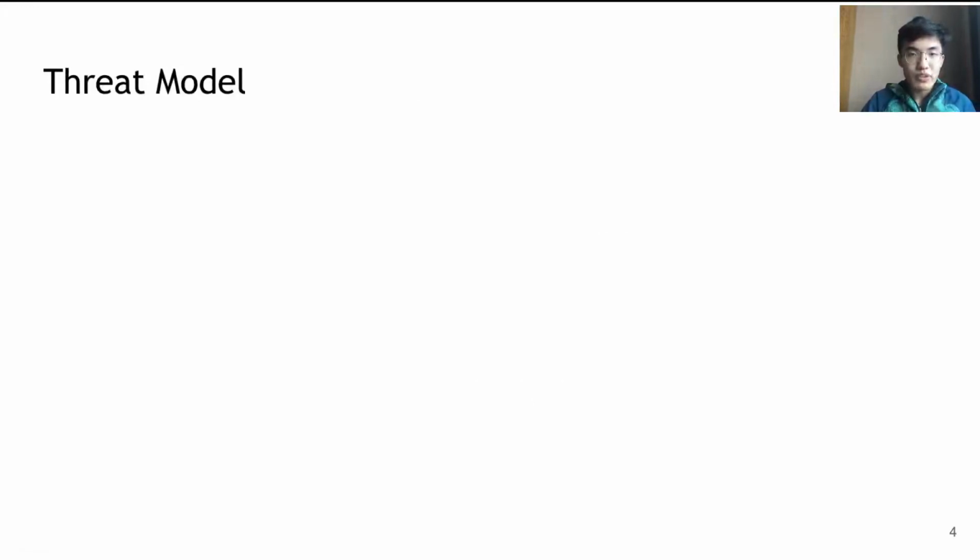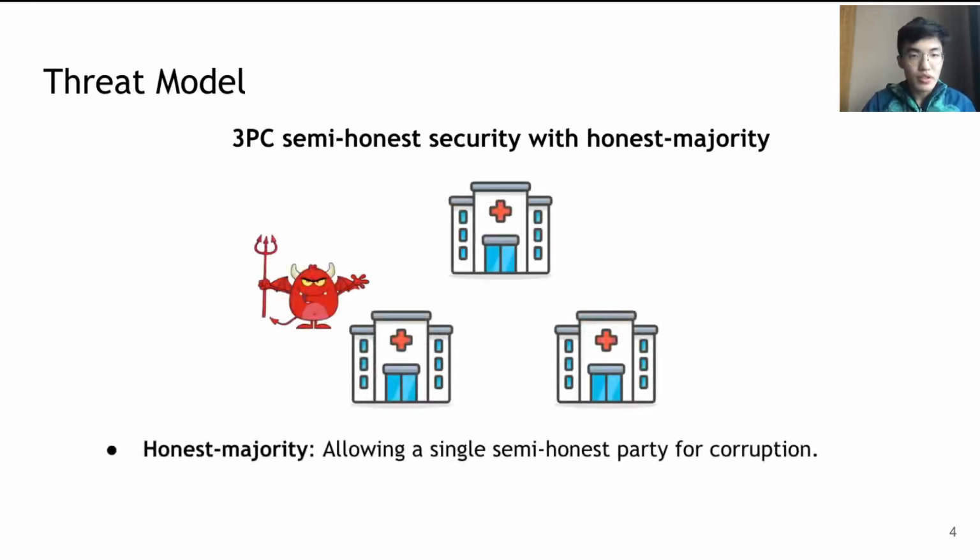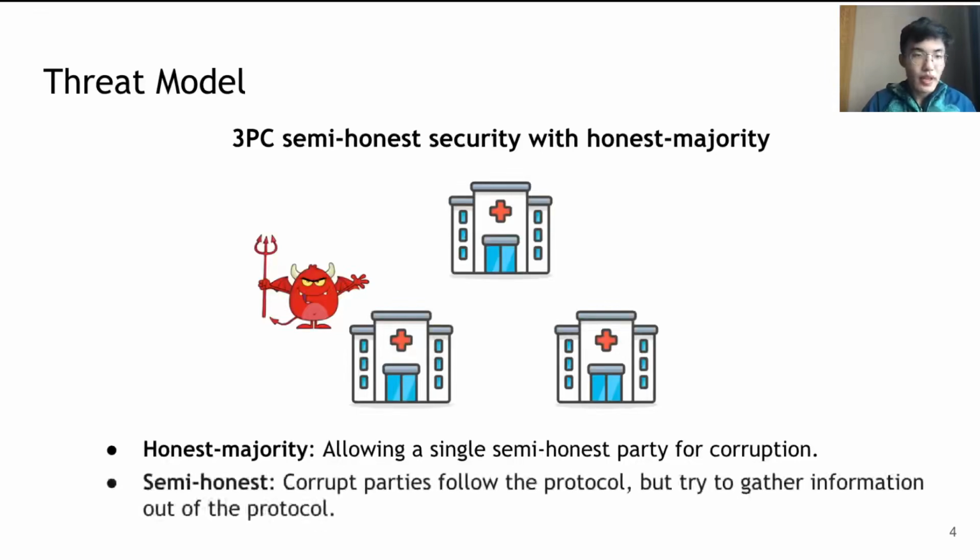Both privacy-preserving machine learning training and inference can be achieved via secure multi-party computation. In our work, we considered the following threat model for secure multi-party computation. We consider a three-party semi-honest security with honest majority model, where honest majority means that we allow a single semi-honest party for corruption, and semi-honest means that corrupt parties will follow the protocol but will try to gather information out of the protocol.